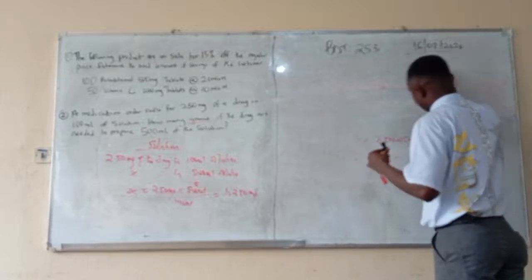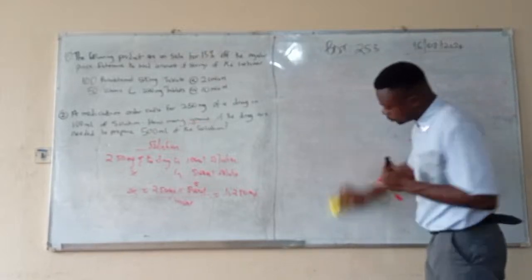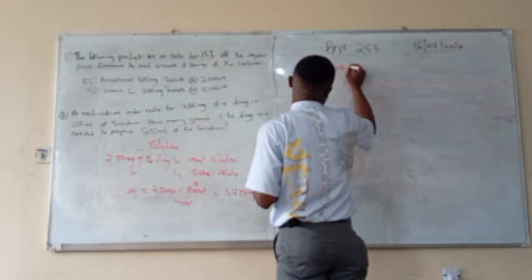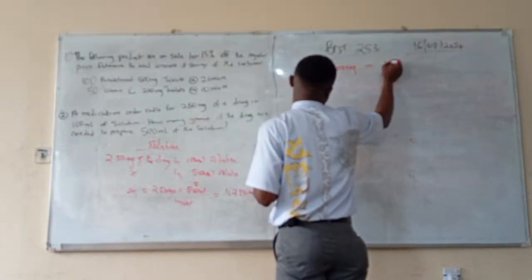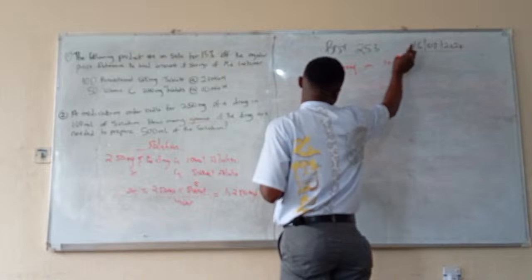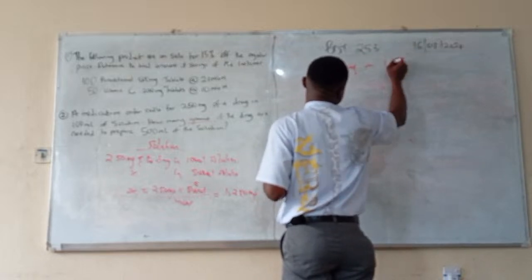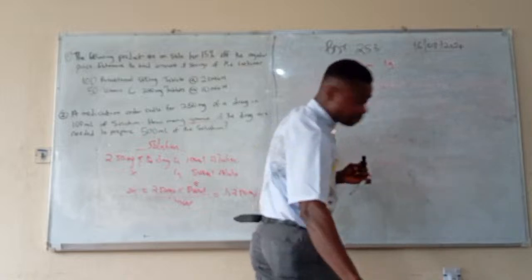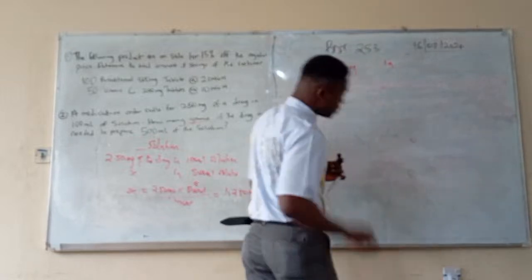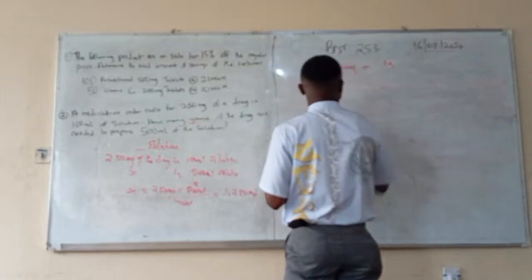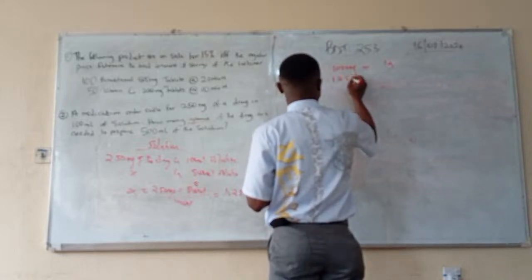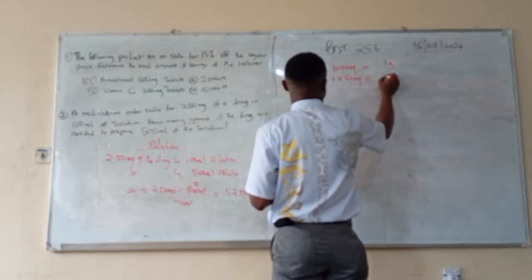We now have 1,000 milligram in 1 gram. Therefore, 1,000 milligram is equal to 1 gram.